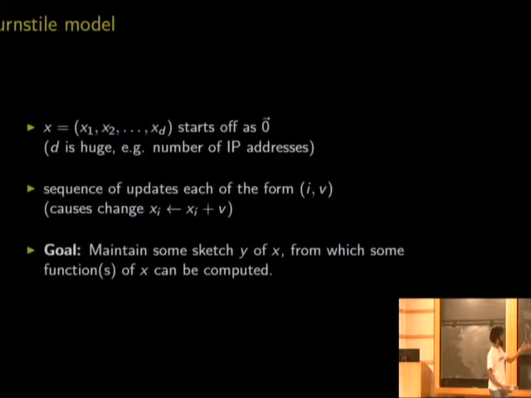I see a sequence of updates, (i, v), and each update means add some amount to some entry of the vector x. Our goal is to maintain some sketch of x under these streaming updates, such that at the end of the day, I can compute the function of x just from the sketch that's in memory. And I don't want to store x explicitly in memory, because that's expensive. Maybe I don't have enough memory to store this huge dimensional vector.